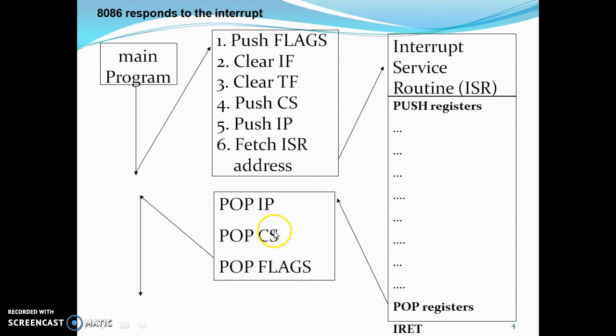As we can see here, first we have pushed the flags, then we pushed the CS, and then we pushed IP. When we retrieve the data from the stack, we should first pop IP, then pop CS, and then last pop flags. Then we'll go back to the main program. Once you get the older values of IP and CS, you can go back to the main program.